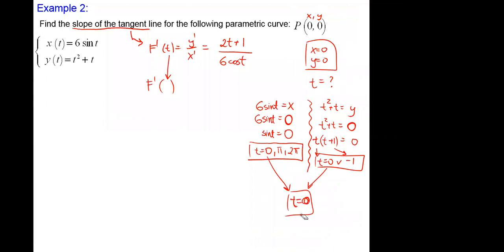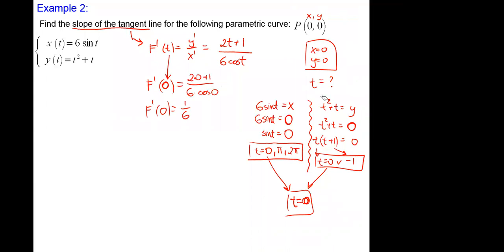It is really a coincidence that 0 is matching that value. So 2 times 0 plus 1 over 6 times cosine of 0, I can write here, it is 1 over 6, because cosine at 0 is 1. Yes, you actually got lucky.